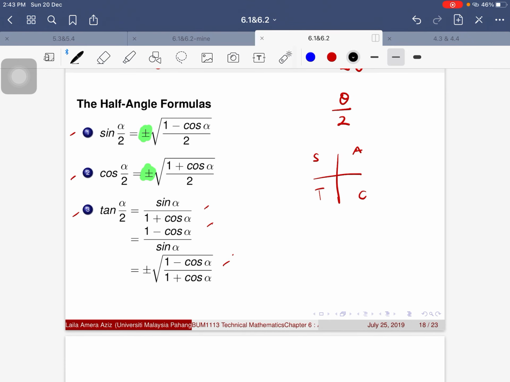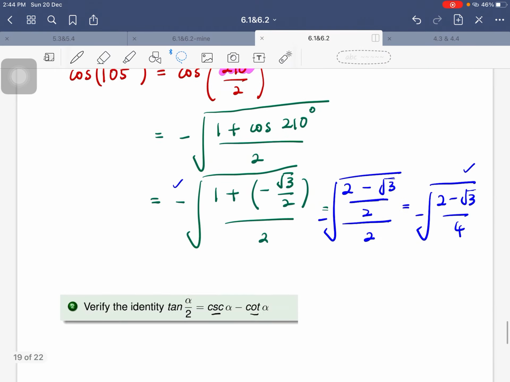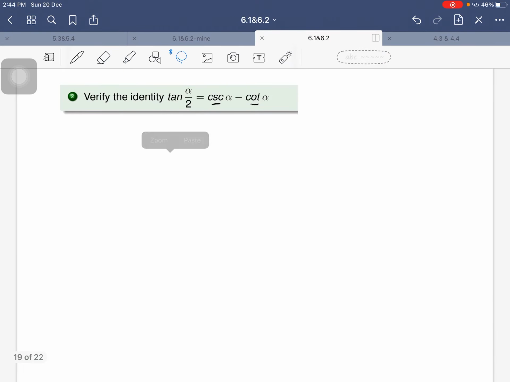When I have a look at each of these, I can tell straight away that I can easily prove it by using this formula. So I'm going to copy this. Now this is going to be a super straightforward one.